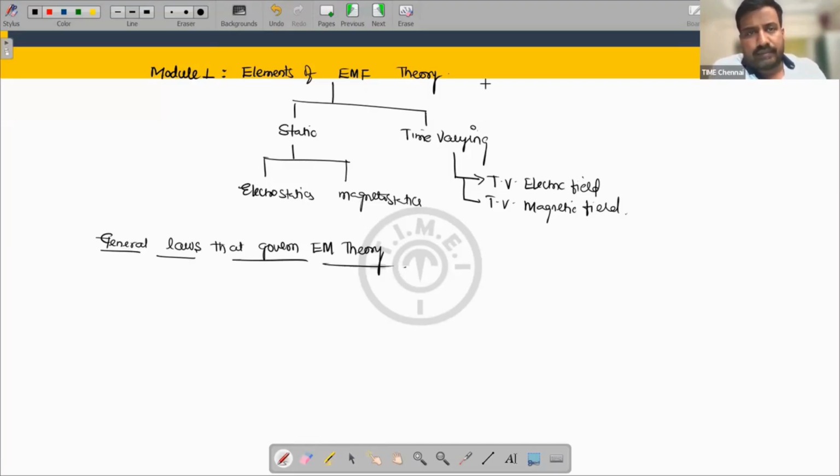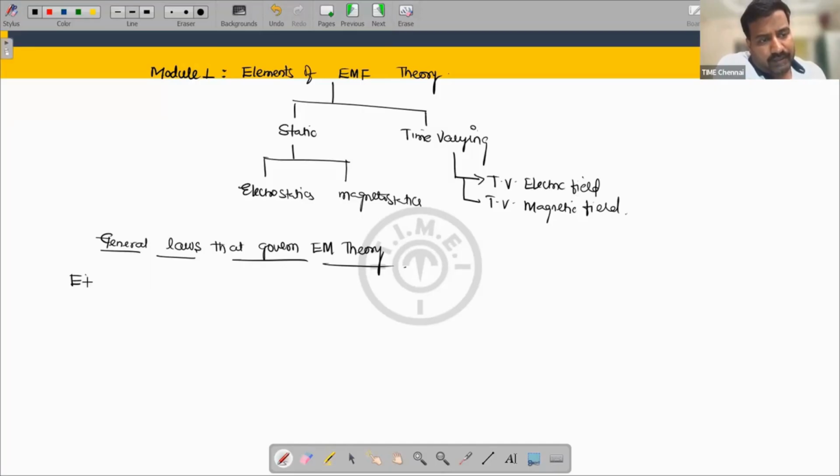What are those general laws? Anyone? The generalized law, anyone?